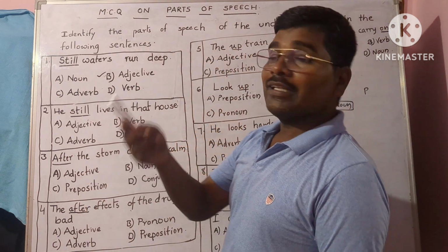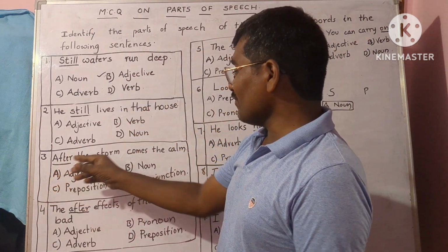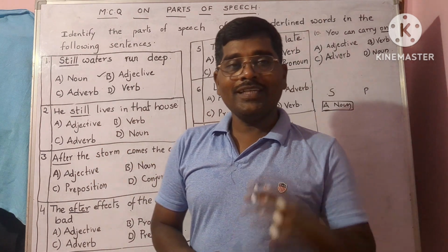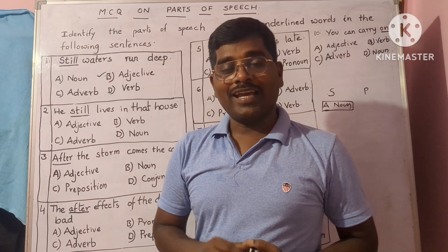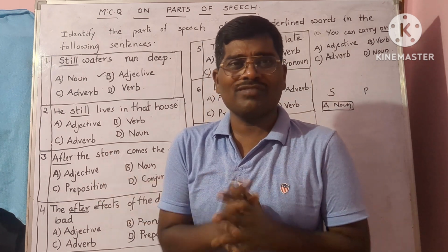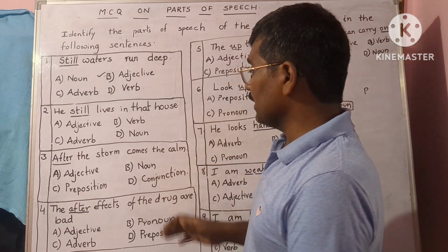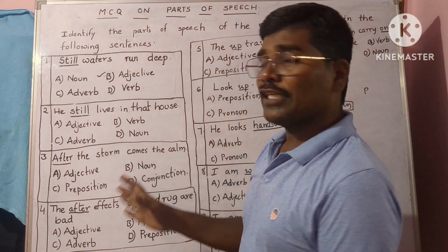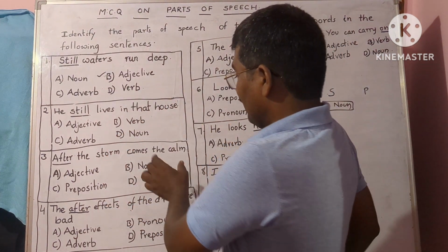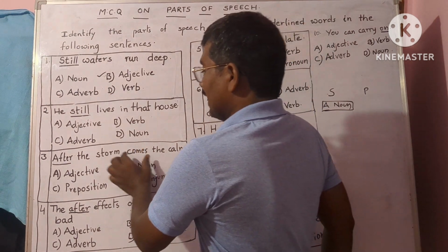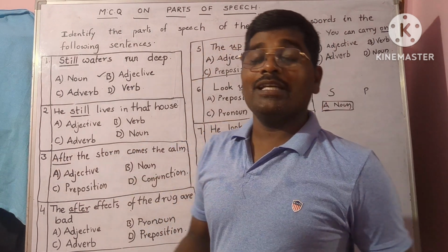See here, in the third sentence: after the storm comes the calm. It is a sentence that confuses most of the students. When you break down the sentence into two parts, the calm is the subject and comes after the storm is the predicate.